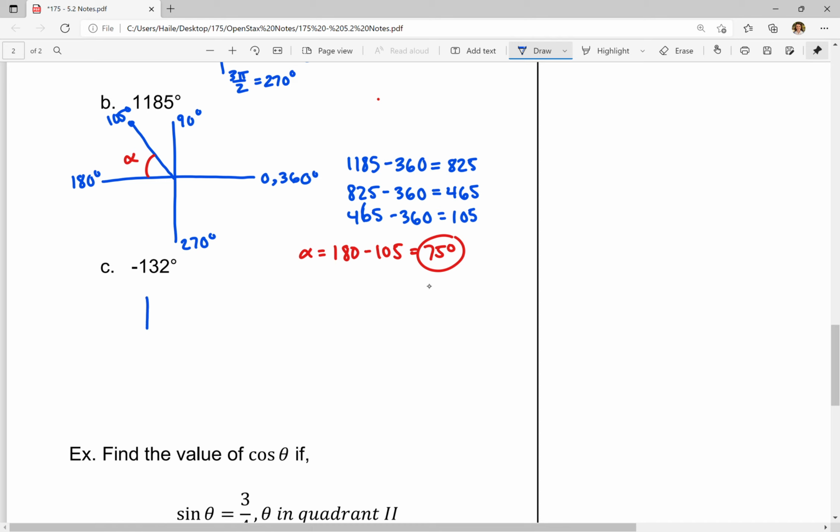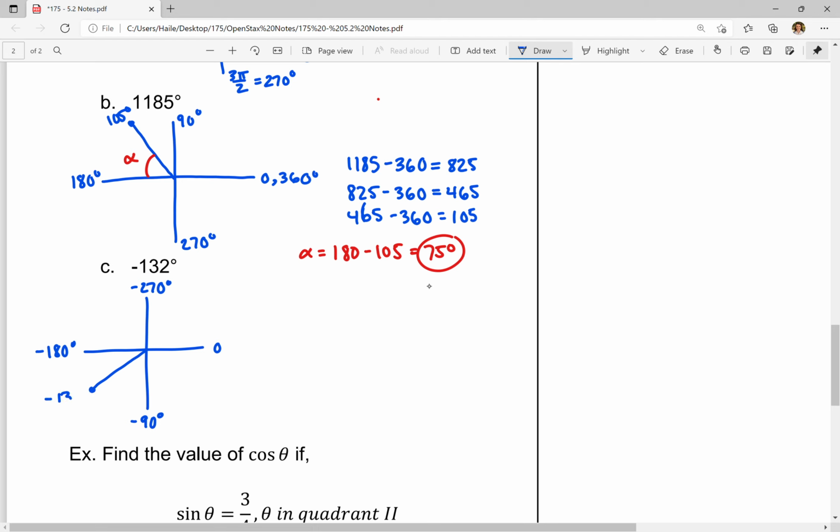So I'm going to draw my axes again. So if I start at 0 and I start counting backwards, that means we're at negative 90 at the bottom. We're at negative 180 on the left, and we're at negative 270 at the top. Okay, so negative 132 must fall between negative 90 and negative 180. So it's somewhere in between here.